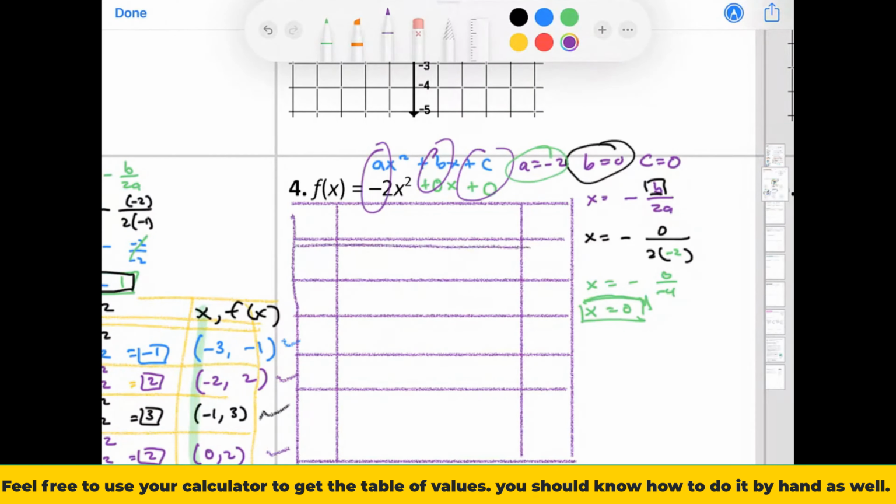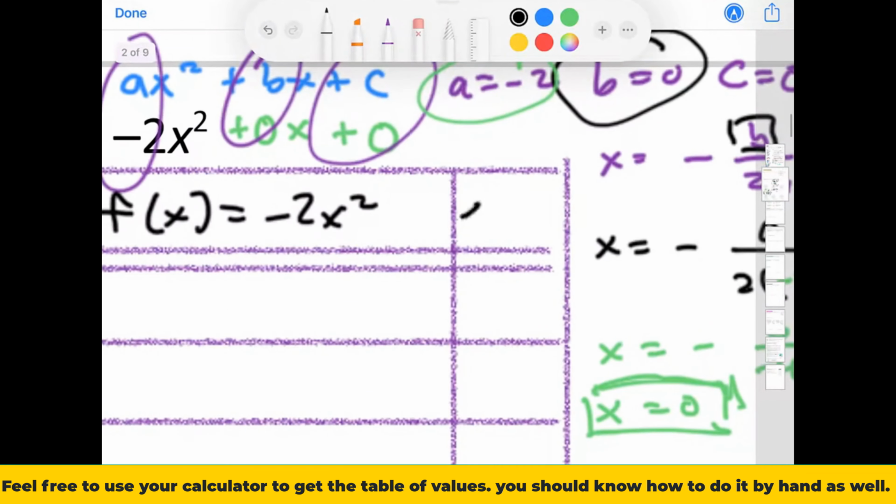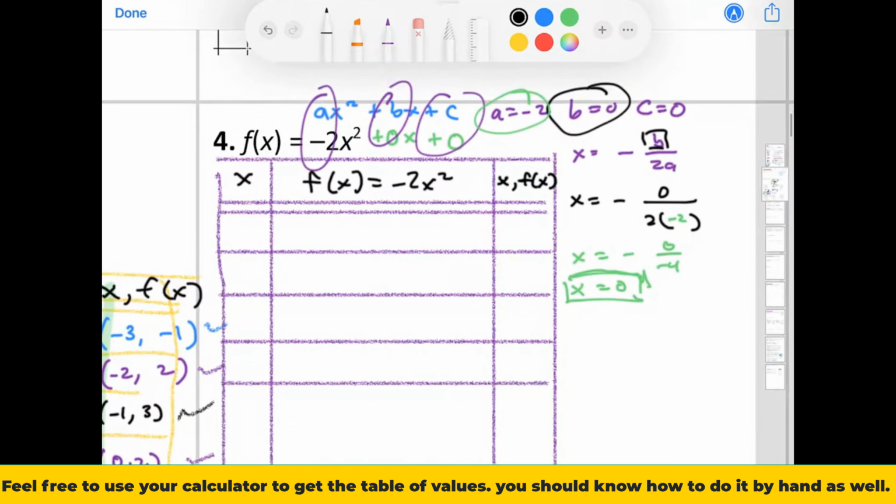And let's draw one right there. Alright, f of x equals -2x squared. And over here, it's kind of tight, but it's the ordered pair. Okay, so put your finger on where that value should go. This one should go in the middle here. Why?